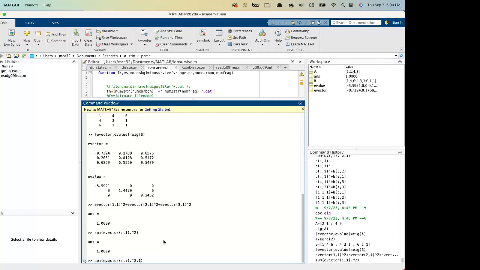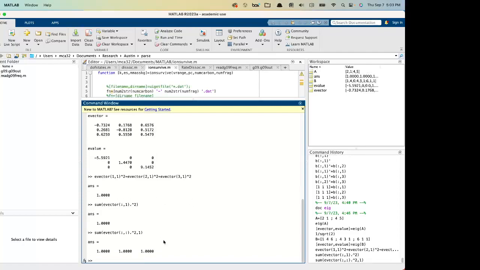And so if I do this, it will return 3 1s. That is a 1 for the first column, a 1 for the second column, and a 1 for the third column. So to type it out explicitly, I can use my sum command on a single column, or I can use my sum command on all columns, but I have to specify that I want to sum over columns.